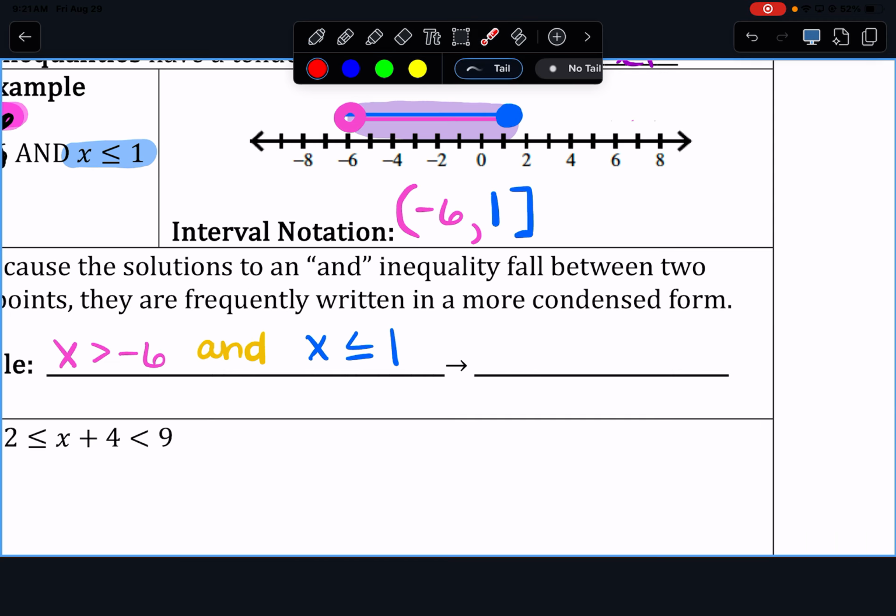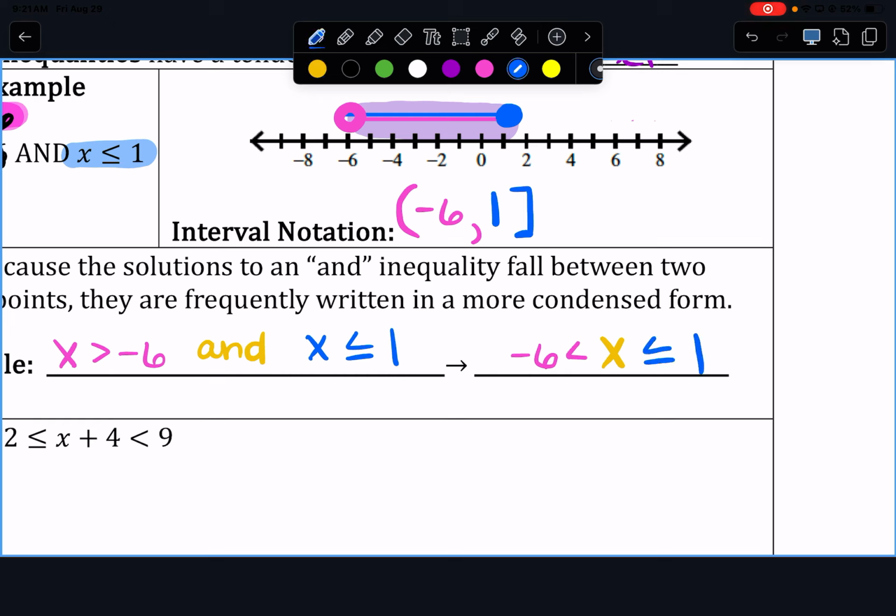So here, do you see how the solution is in between the 2 points? We're going to do that same thing with our inequality notation. So we're going to go from the smallest point to the biggest point. So -6 is the smallest. So we're going to write -6 is less than x, which is less than or equal to 1.